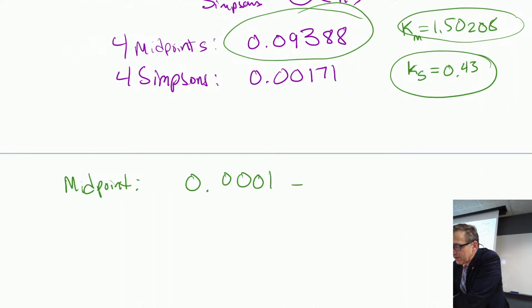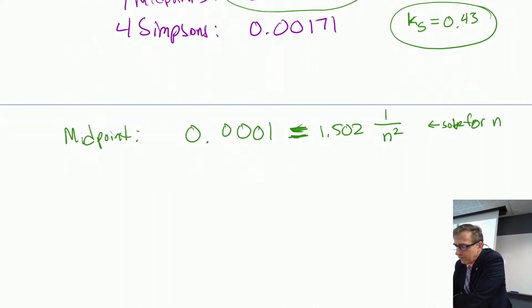I want this to be less than or equal to, let's just set it equal, 1.502 times 1 over n squared. And I want to solve for n. So if you haven't done it already, do that.